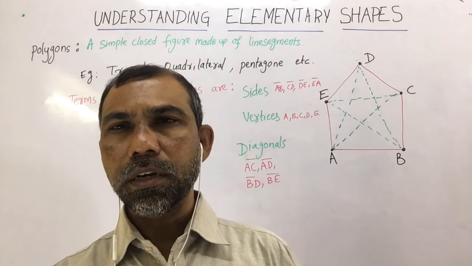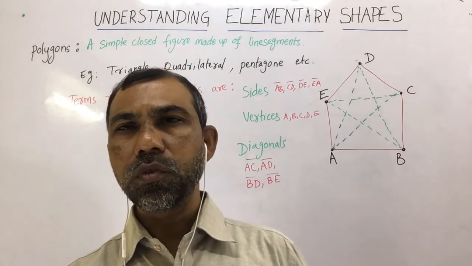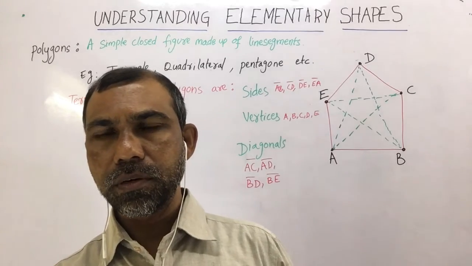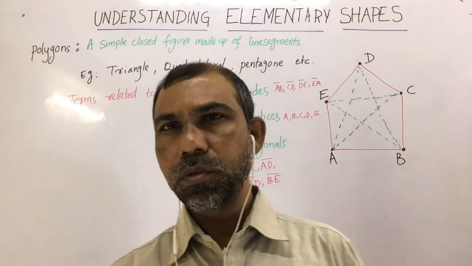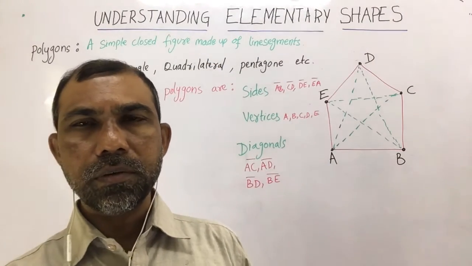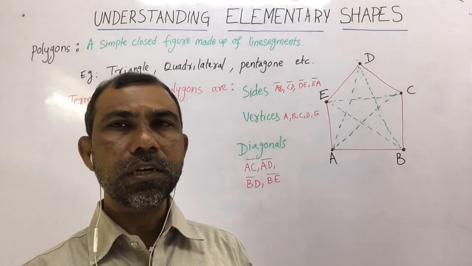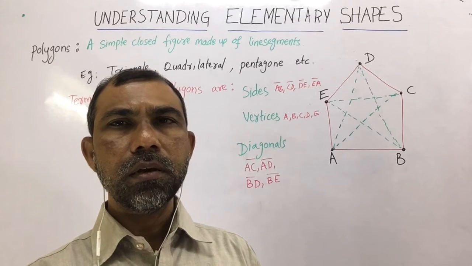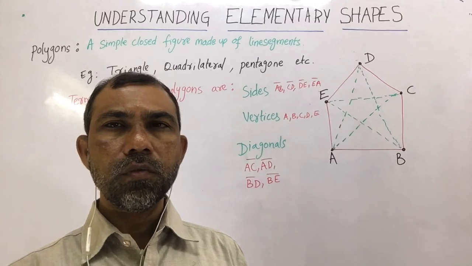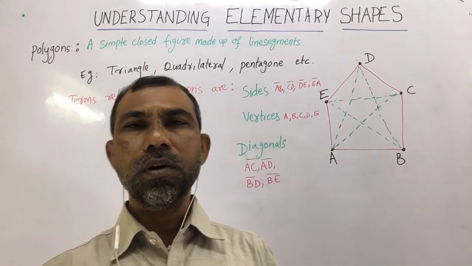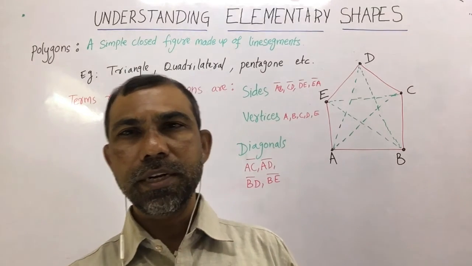It can be a three-sided figure or a four-sided figure or a five-sided figure. Based on that, we can have different names, and before that we will see the basic terminology related to the polygon. We must understand what is a side and what is a vertex and what is a diagonal.